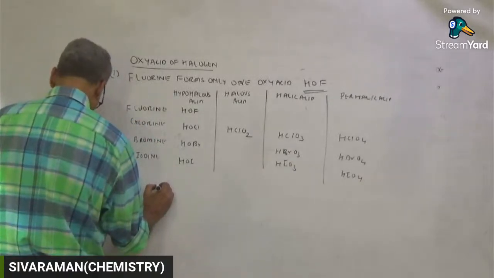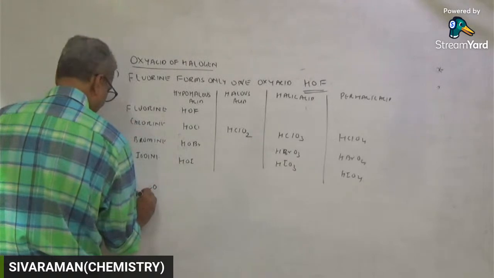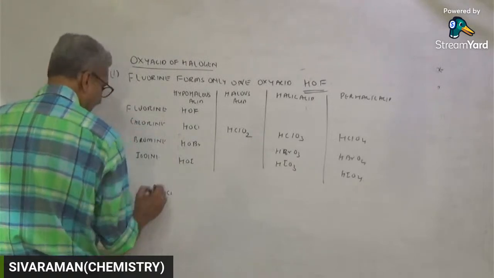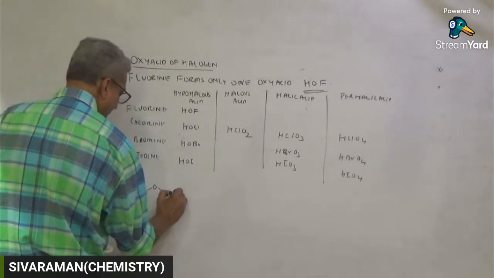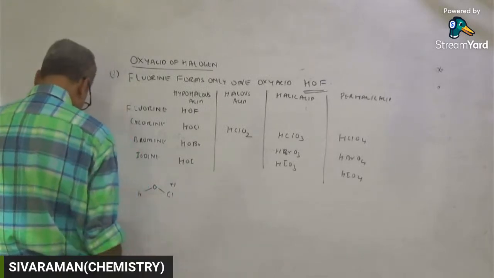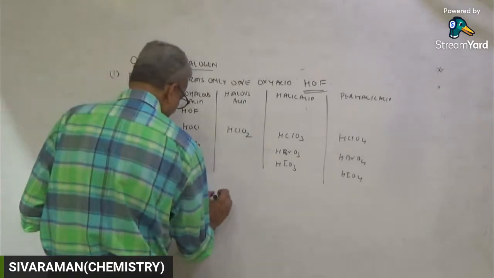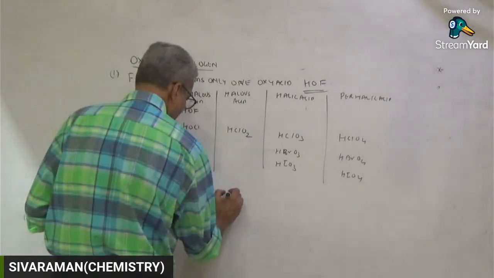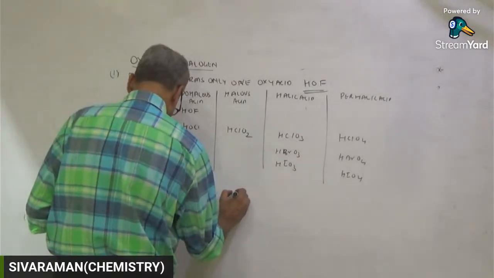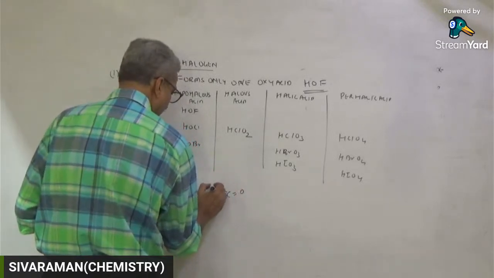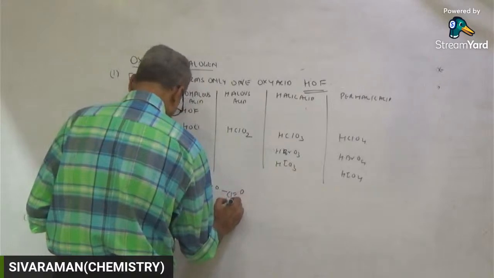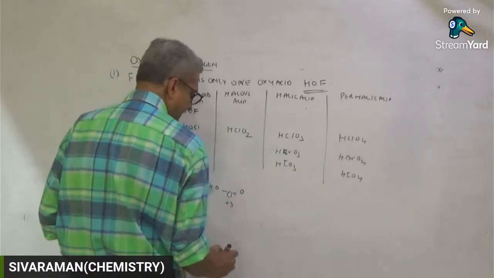OH, Cl. Here the oxidation state of chlorine will be what? Chlorine will have an oxidation state of +1. Then when we have HClO2, this is Cl, double bond O, and then you have OH. Here chlorine will have an oxidation state of +3.